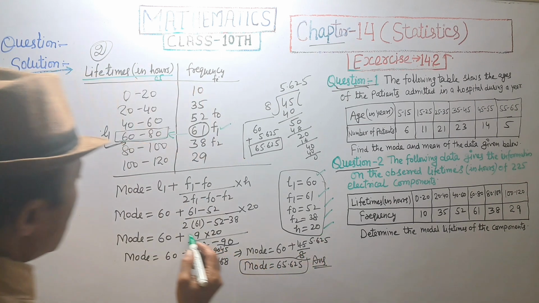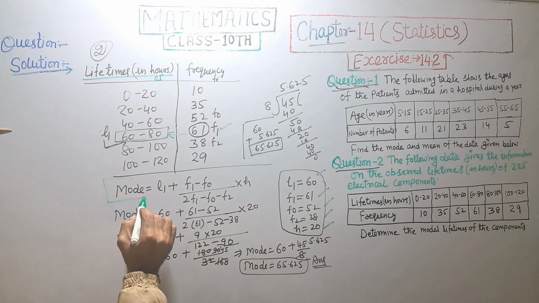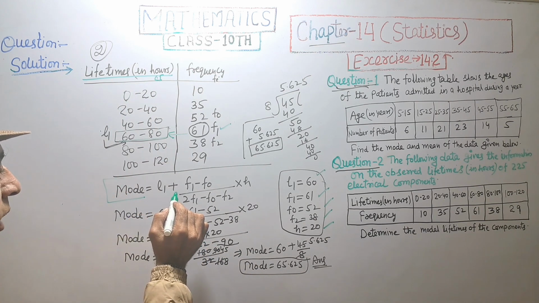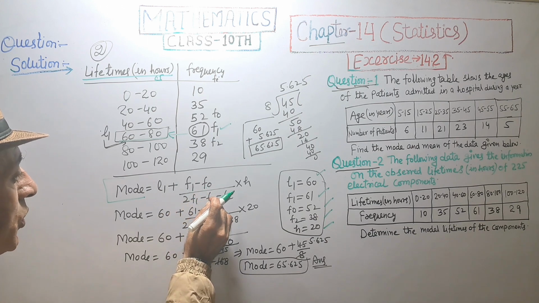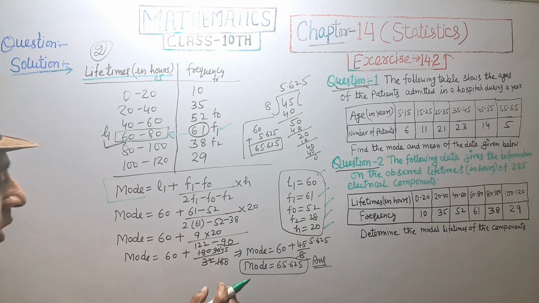H equal to 20, and we are applying the formula mode equal to l1 plus f1 minus f0 upon 2 f1 minus f0 minus f2, into h.